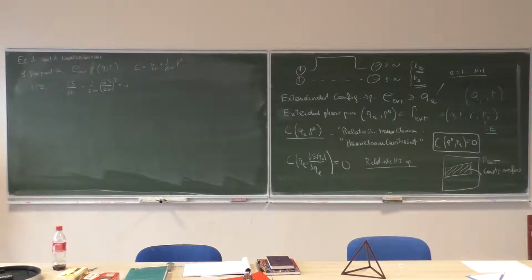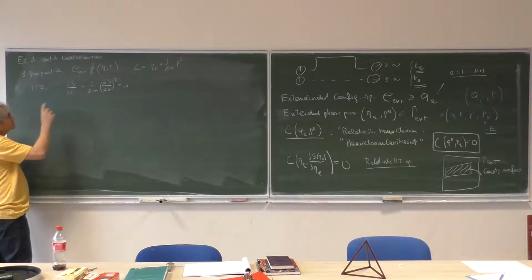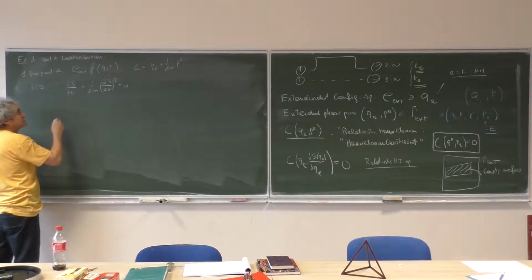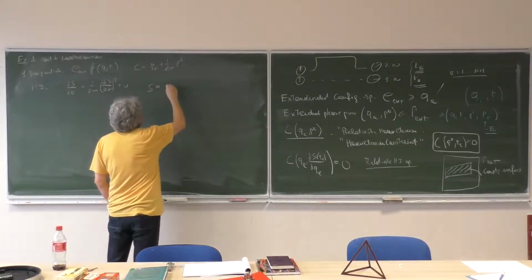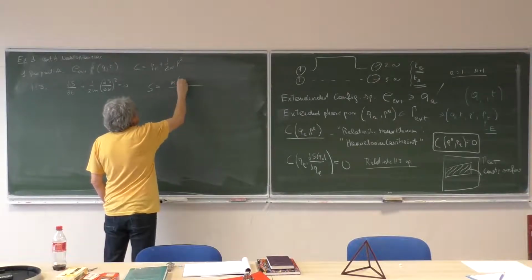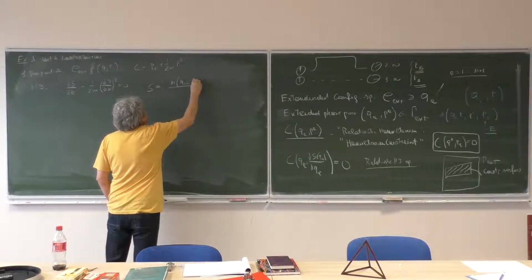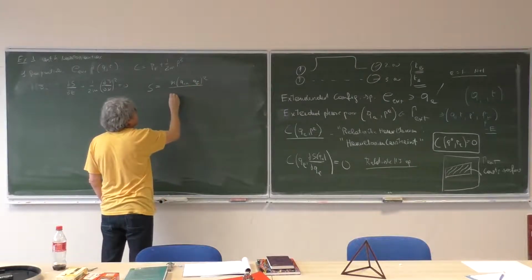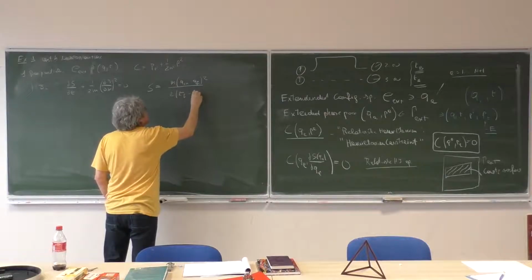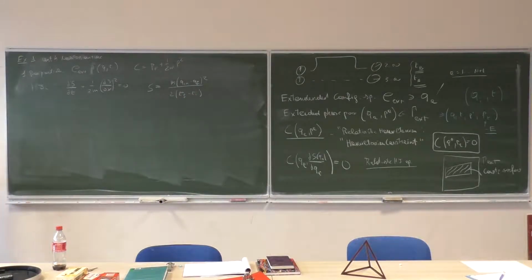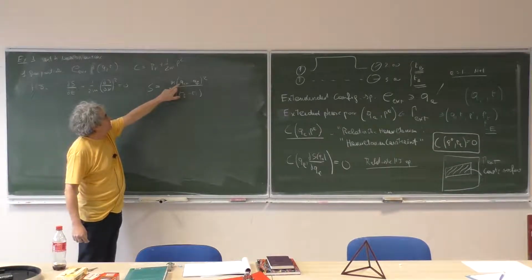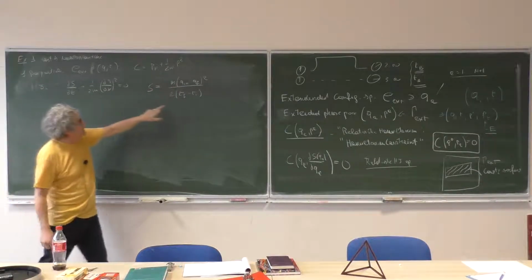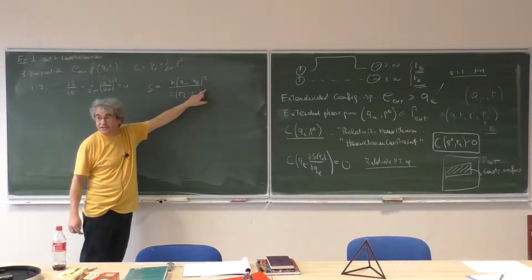And a Hamilton function, which solves this equation in both sets of variables, it's immediate to write down. The Hamilton function is m (q initial minus q final) squared over 2 (t final minus t initial). I think there is a 2, and I forgot the sign. And you see that it satisfies this in both sets of variables, because if you take a derivative with respect to t, you get a minus and a square.